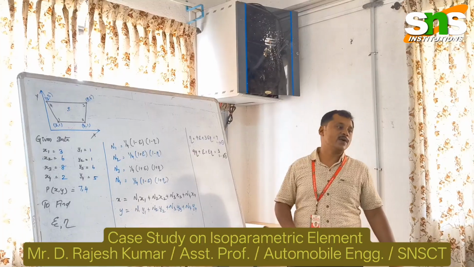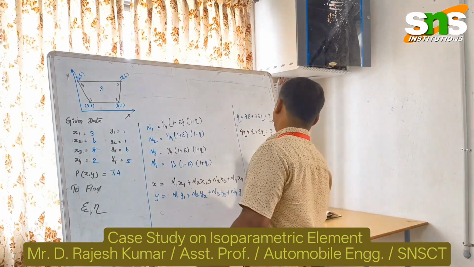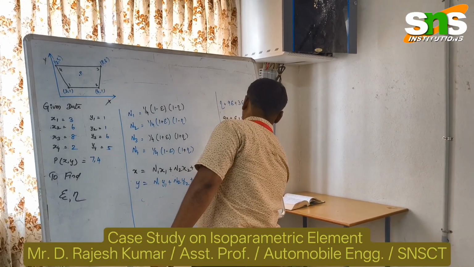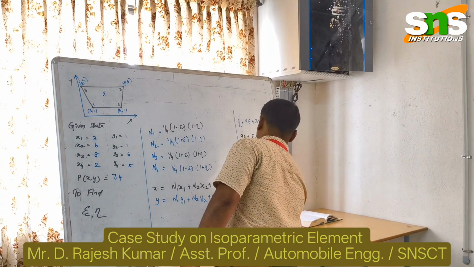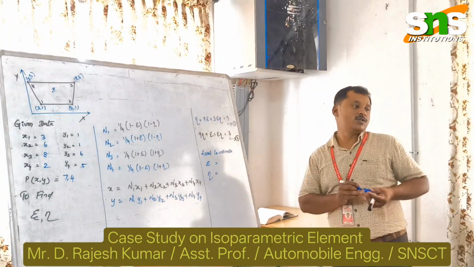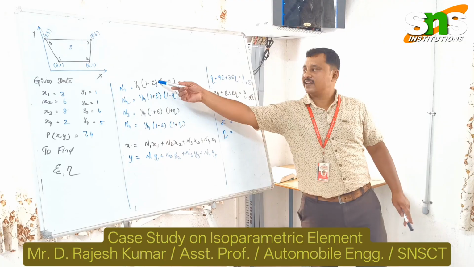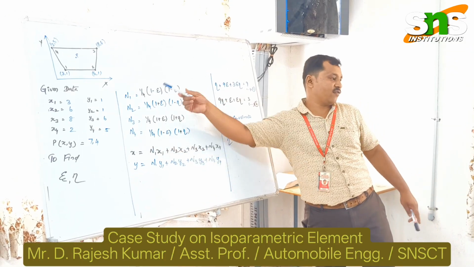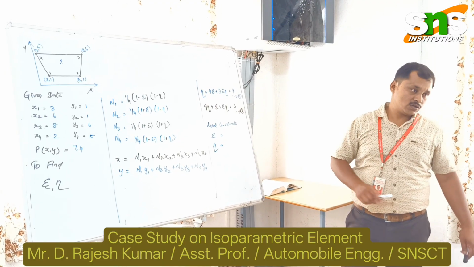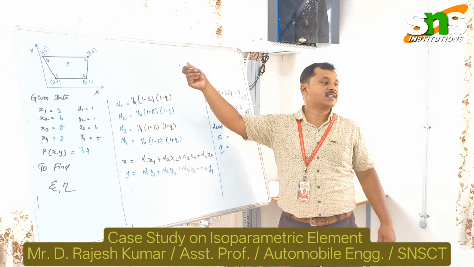Once these equations are solved, you will get the values of the local coordinates. Then you can substitute epsilon and eta inside the shape function formula, and finally check whether your answer is right or not. This is how you find the local coordinates for this case.